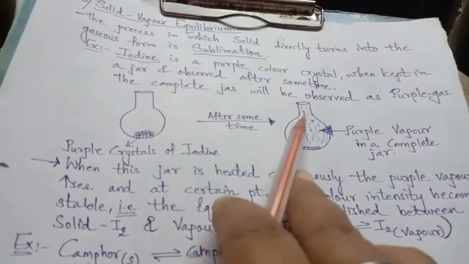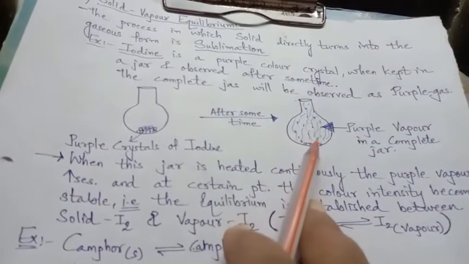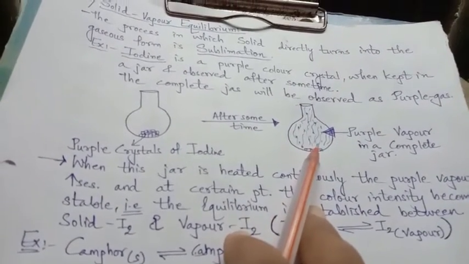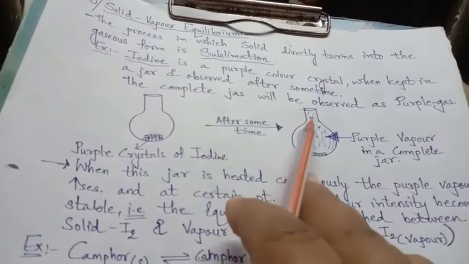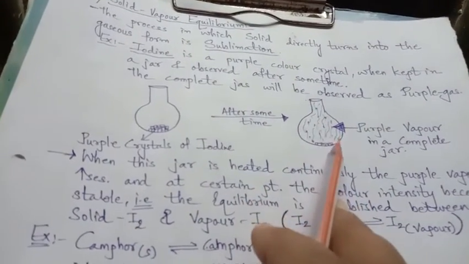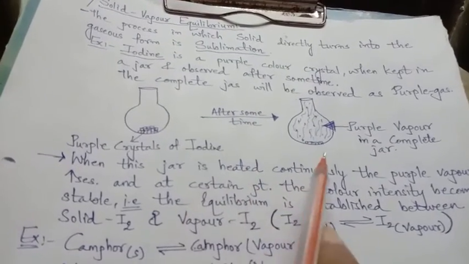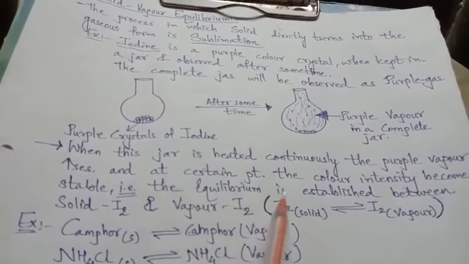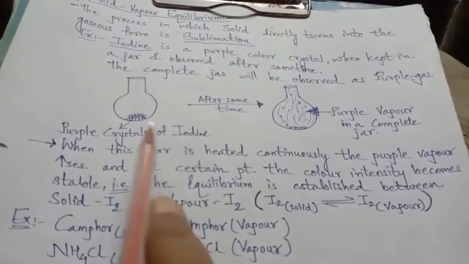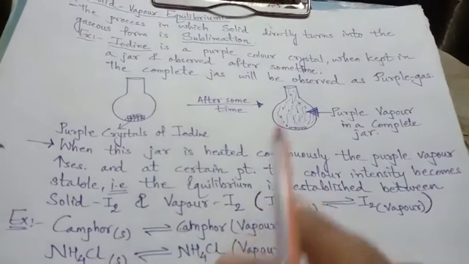That means both opposite processes take place simultaneously: crystal to vapor directly, and vapor to solid directly. Then we can say that equilibrium is established between solid I2 and vapor I2.